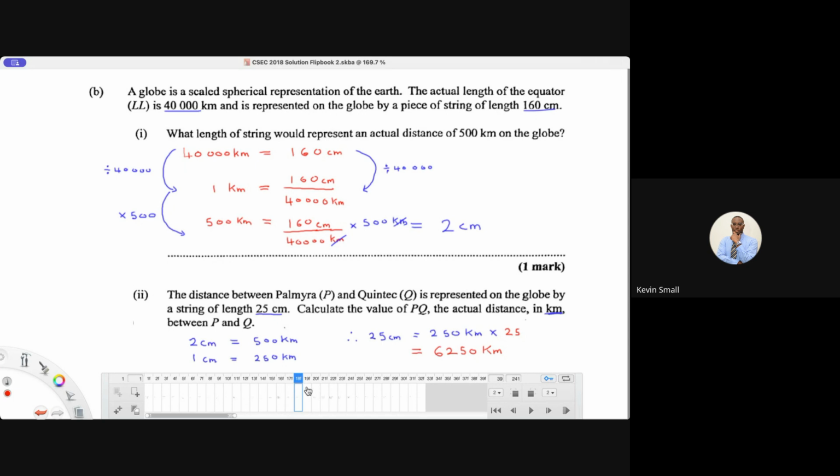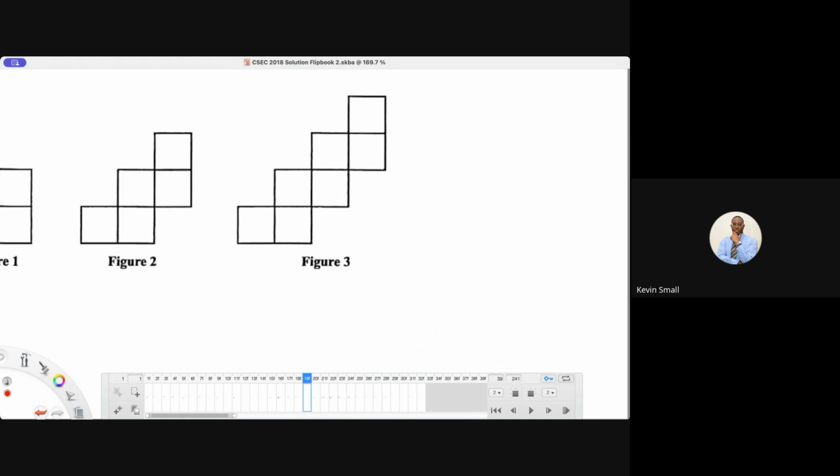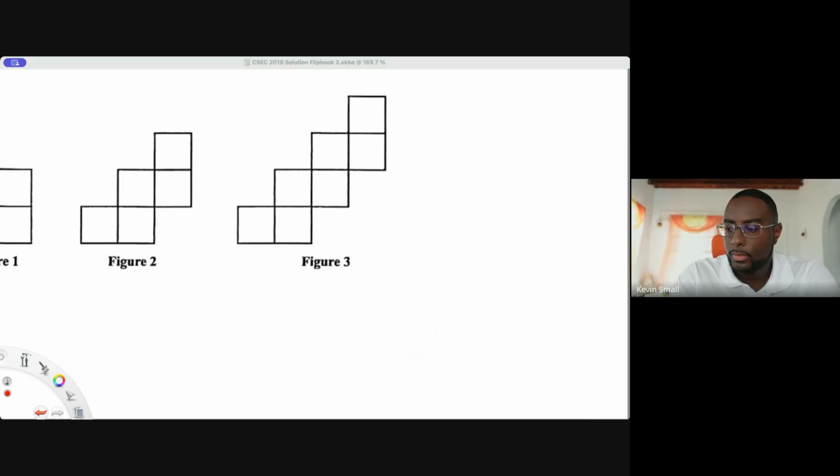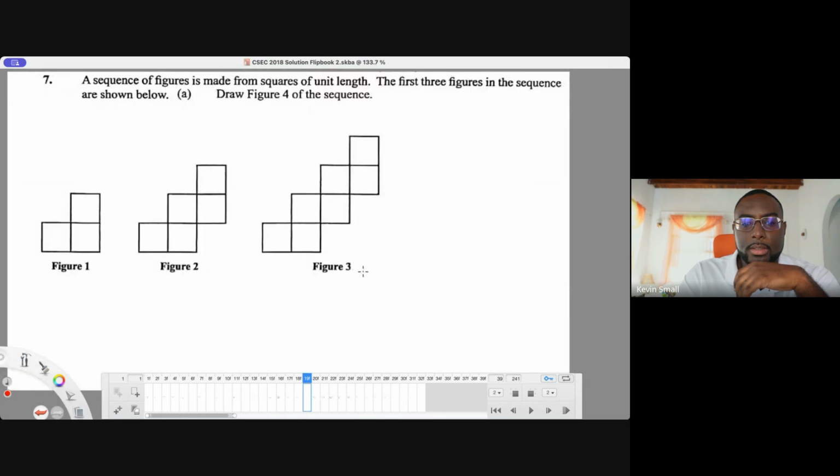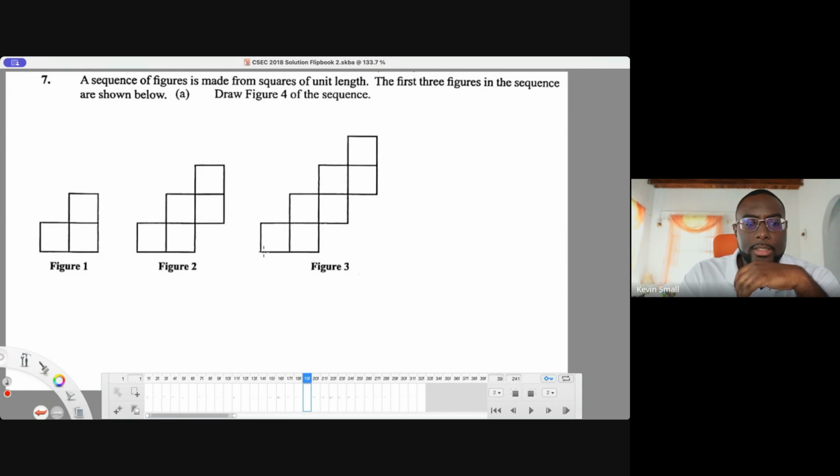Now, moving on to the next question swiftly. Now, this is one of those pattern questions. Let me zoom out a little bit so you guys can see. Okay, so you have these 3 shapes here, and your goal is to represent the 4th shape in this sequence.